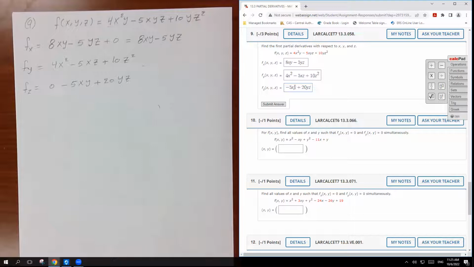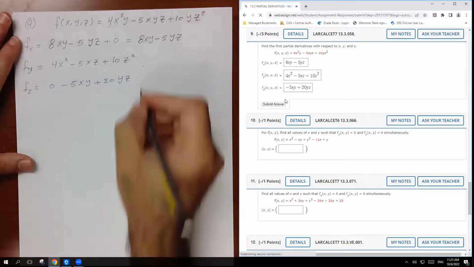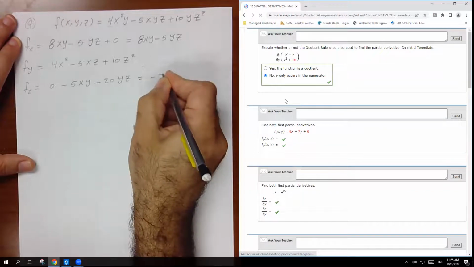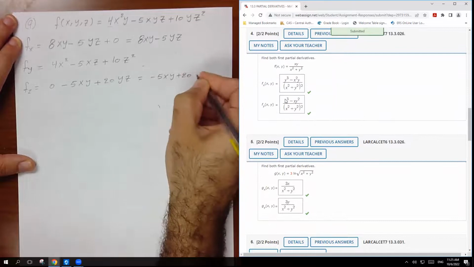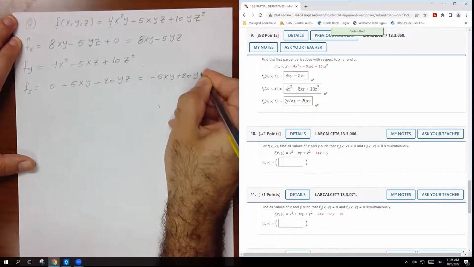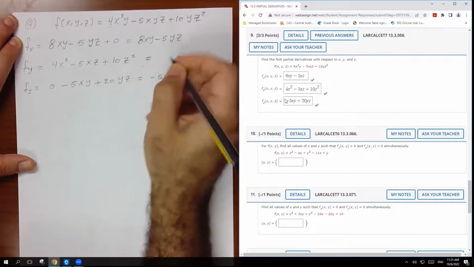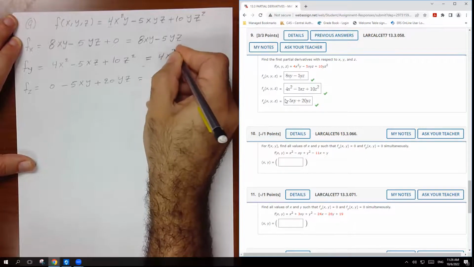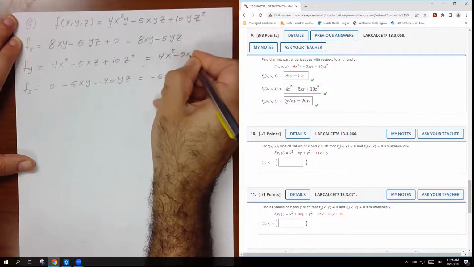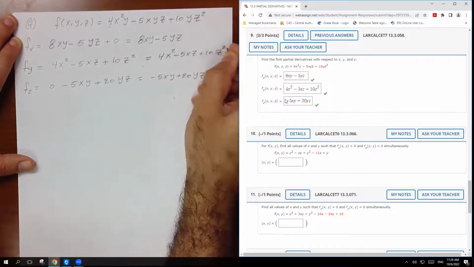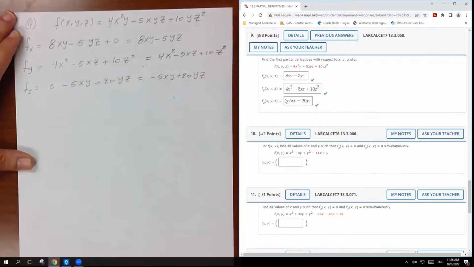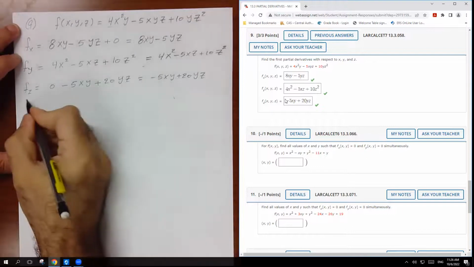Let's check. You can just simplify it here: negative 5xy plus 20yz as a solution, and this one is 4x squared minus 5xz plus 10z squared. Here we go. That's it for example 9.